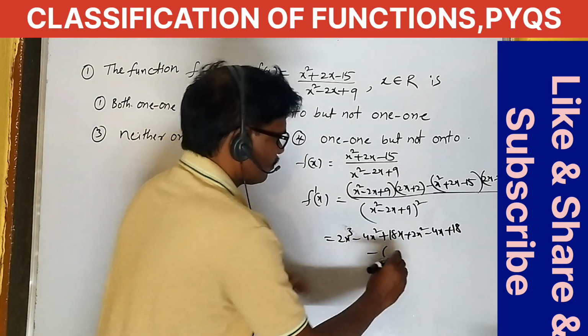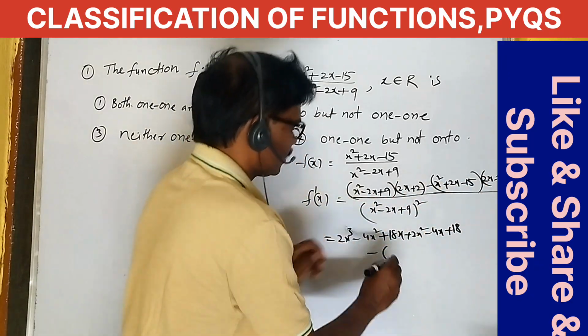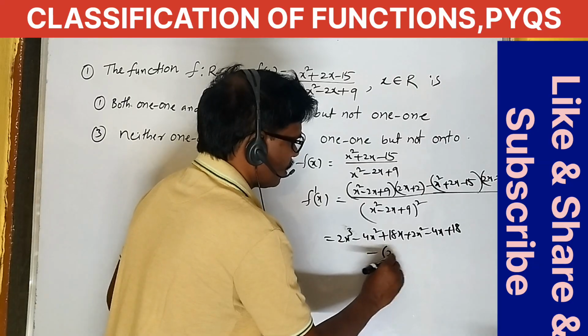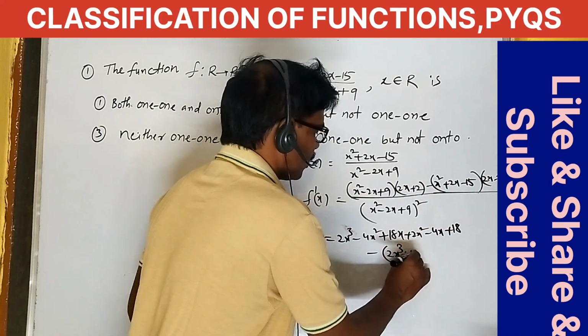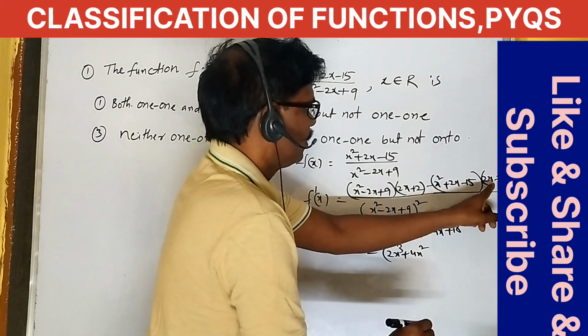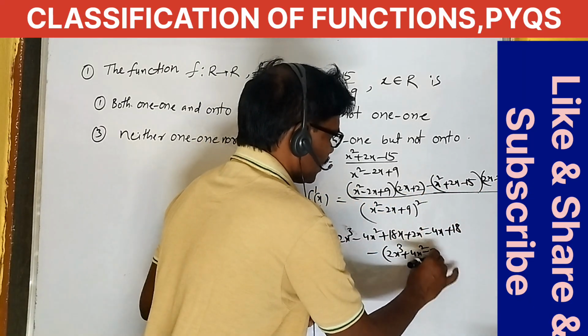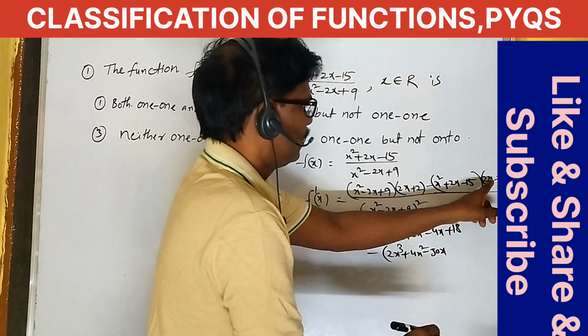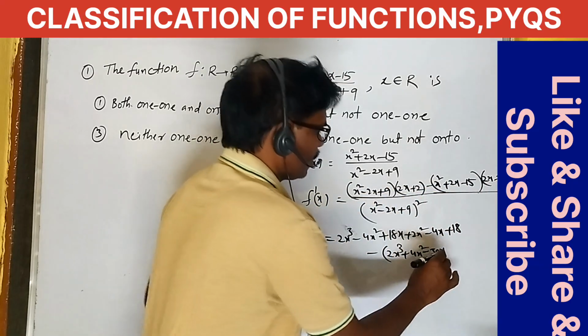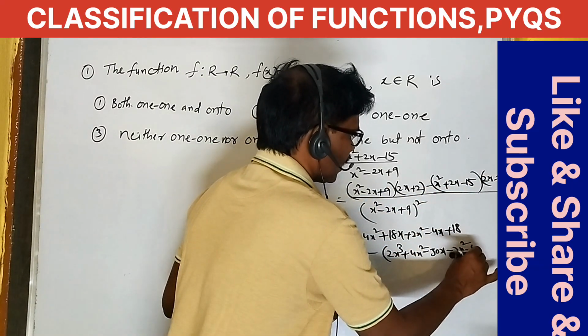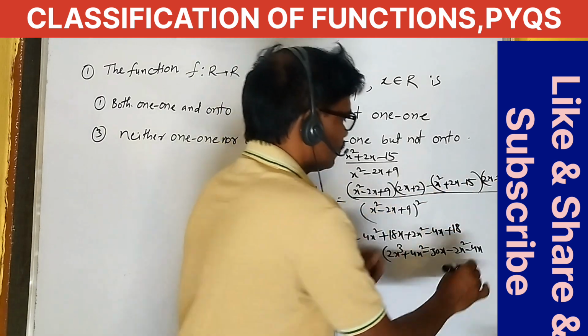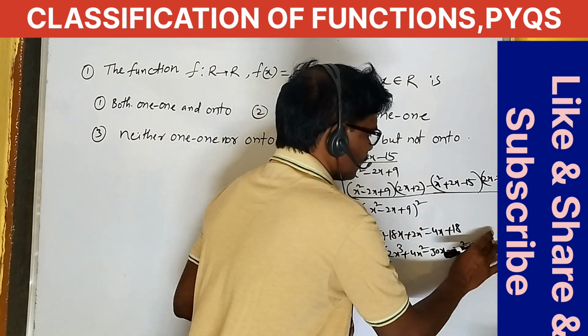Minus of this one: 2x into x square is 2x cube, 2x into 2x is 4x square, 2x into 15 is minus 30x. Next minus 2 into x square is minus 2x square, minus 2 into minus 4x, minus into minus means plus, and plus 30.